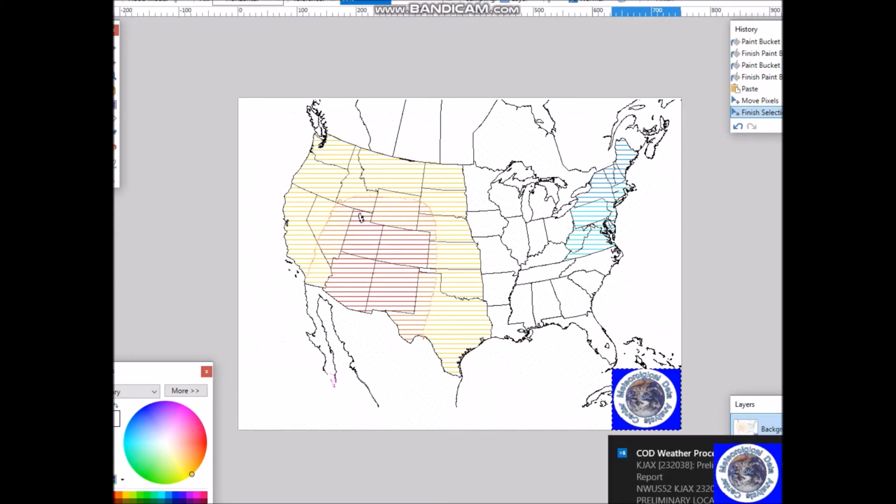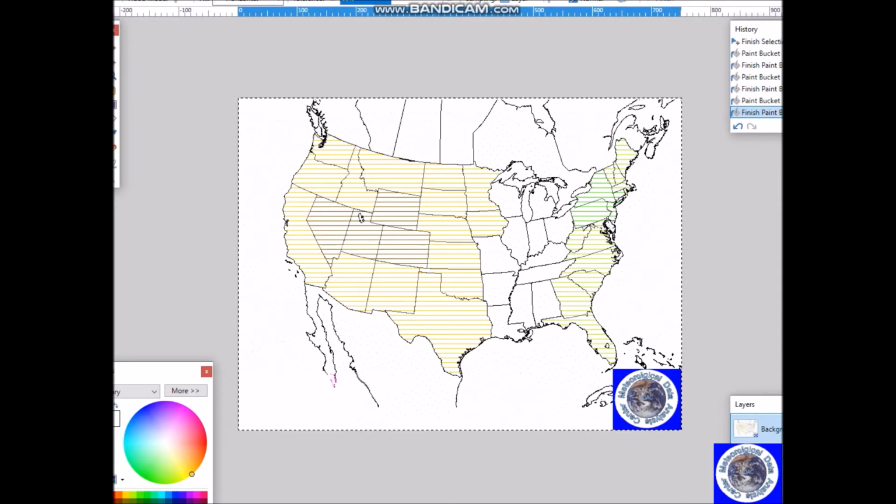Below normal temperatures are forecast for this region, with anomalies of 4 to 6 degrees below normal. For precipitation, I'm calling for below normal precipitation for this region, and the probability of occurrence is 35 to 45%. Above normal precipitation remains across this region. Probability of occurrence is 40%.